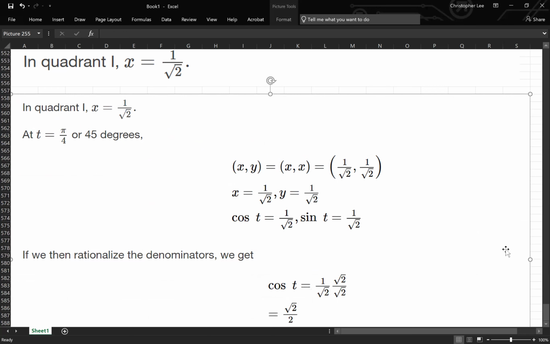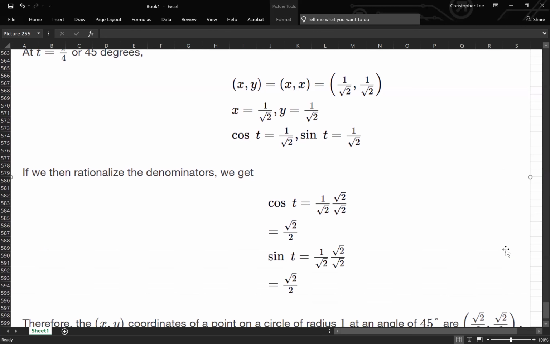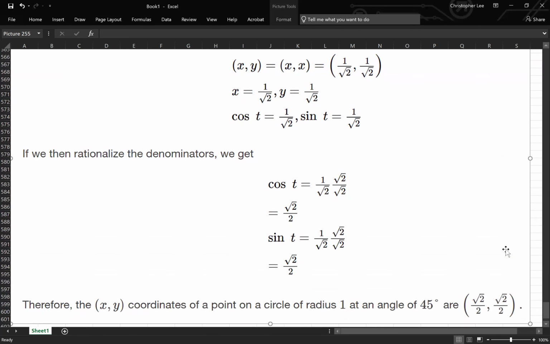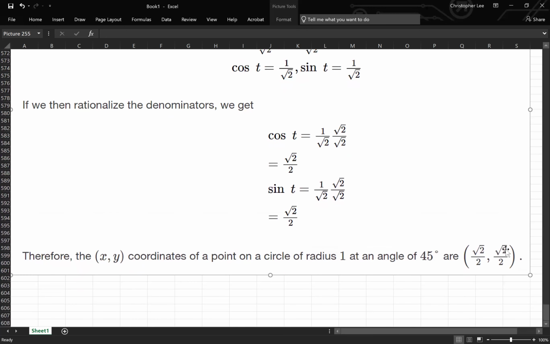If we rationalize the denominators, we get cosine of t is equal to square root of 2 over 2, and sine of t is equal to square root of 2 over 2. Therefore, the coordinates of a point on a circle of radius 1 and an angle of 45 degrees are radical 2 over 2, comma, radical 2 over 2.